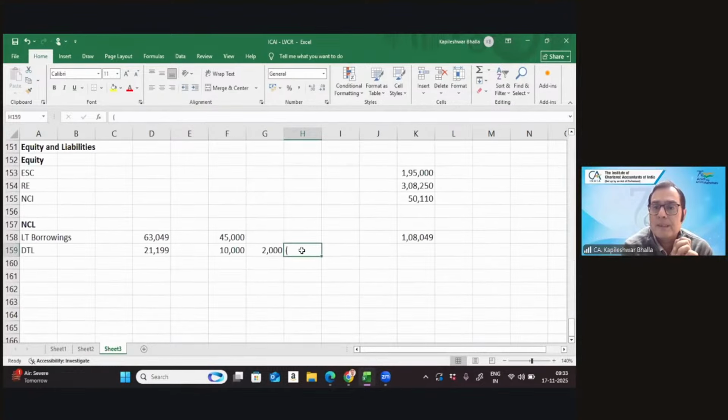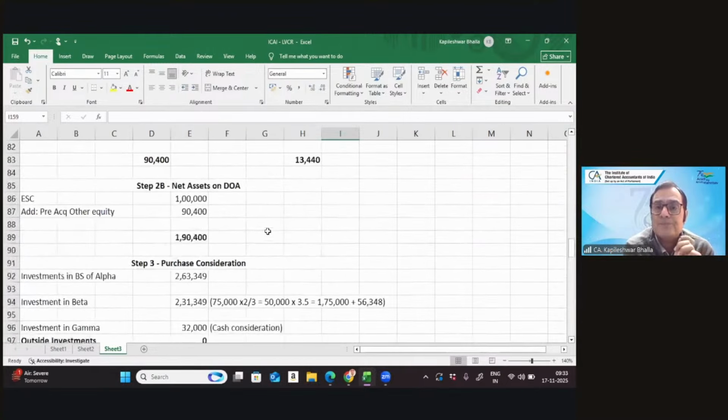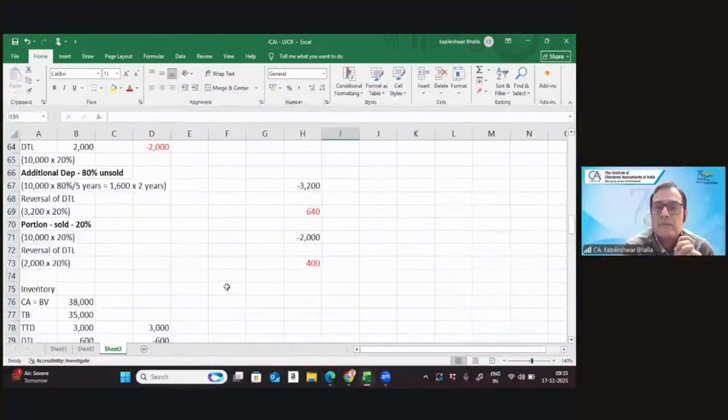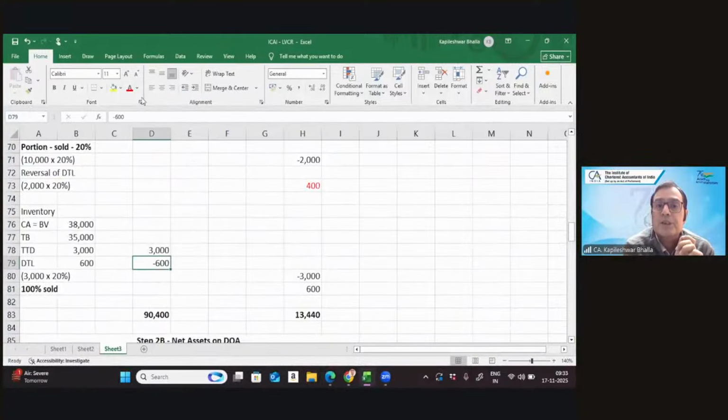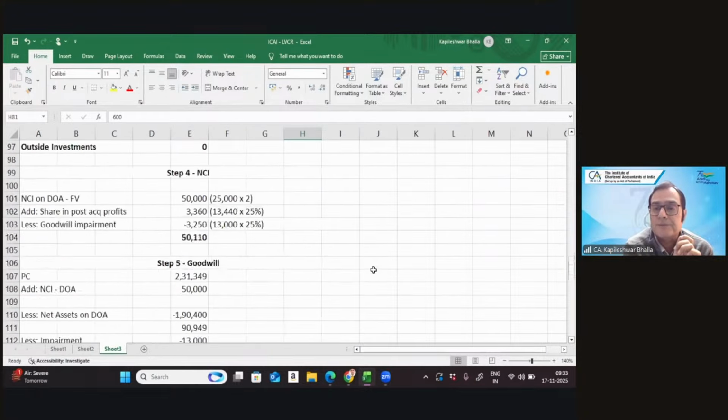We're going step by step. So 1040 reversal. Then let's go to the inventory. The DTL creation is 600 and the reversal is 600.